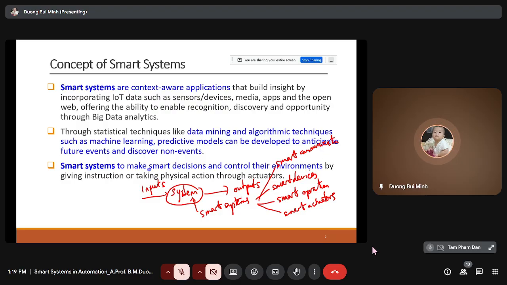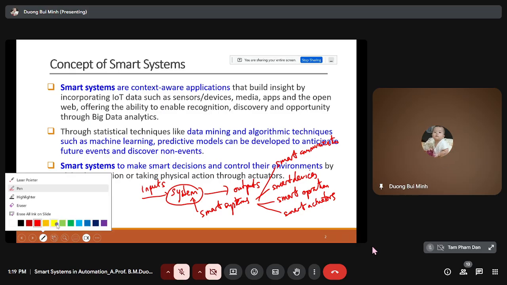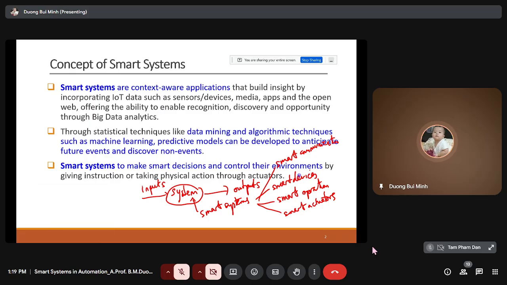So for this course, we will skip smart devices, because you already studied another course in relation to smart devices. This is sensors, right? Industrial sensors and actuators.